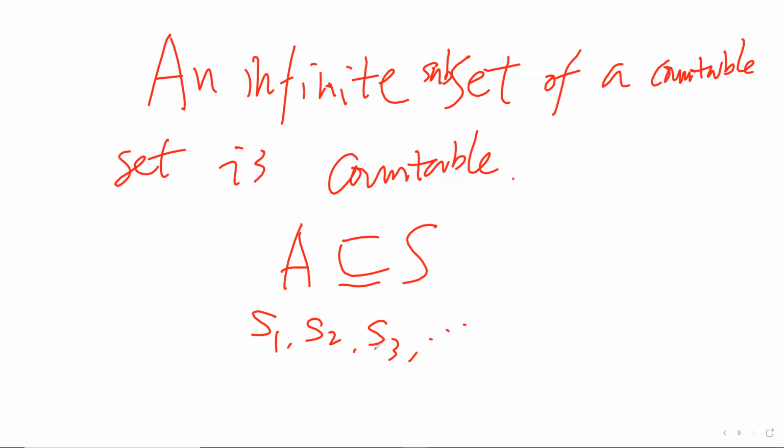This is a mapping for the countability of S. We know that there exists such a sequence that lists all the elements in S one by one, and there are no two positions which contain the same element.